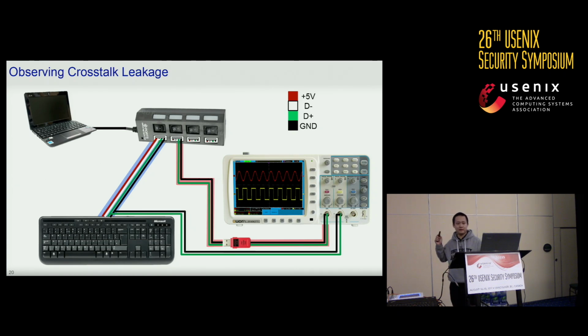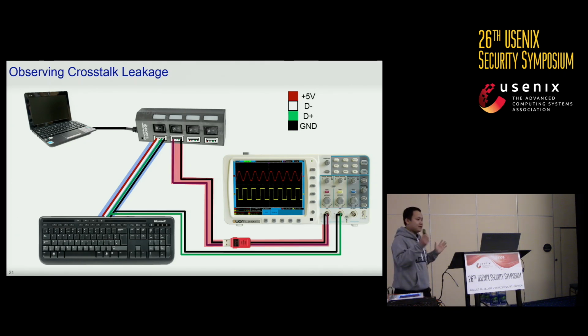It just disconnects the data line, which means we cannot monitor the crosstalk leakage on the data line anymore. But it leaves the power line intact. We can still use the power line as a medium to capture the crosstalk leakage.